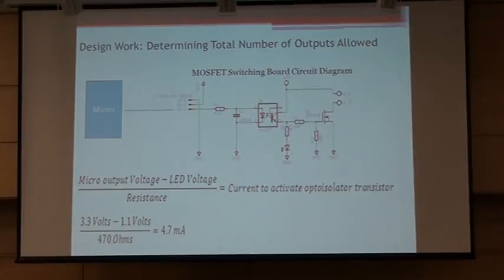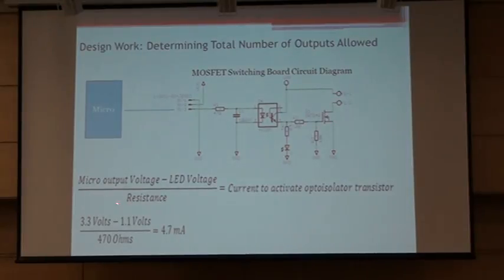This is a circuit diagram of the MOSFET switching board. It takes the 3.3 volt signal from the micro and flows into this device, which is an opto-isolator. The opto-isolator gives the MOSFET transistor enough voltage to turn on the load.